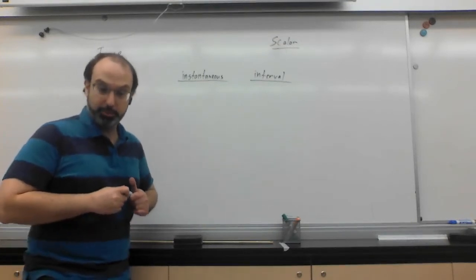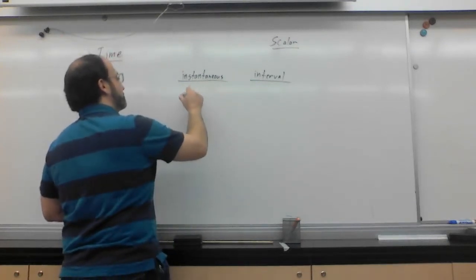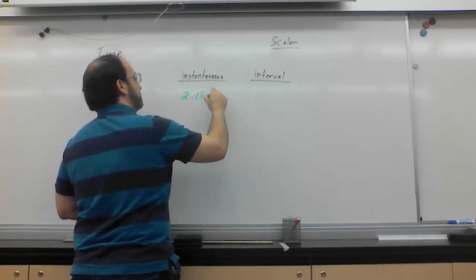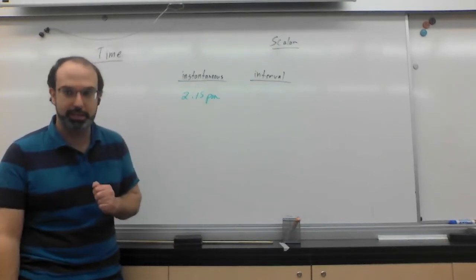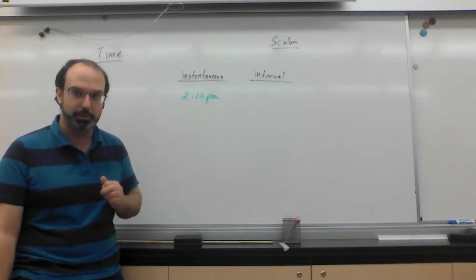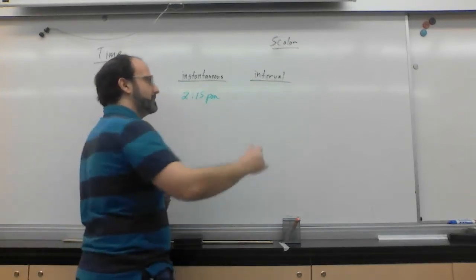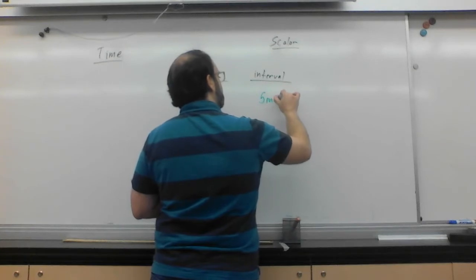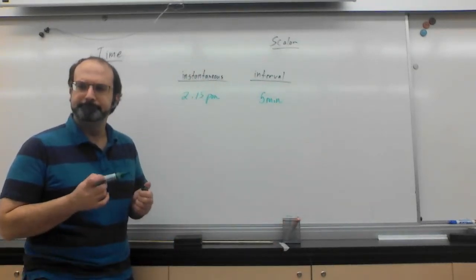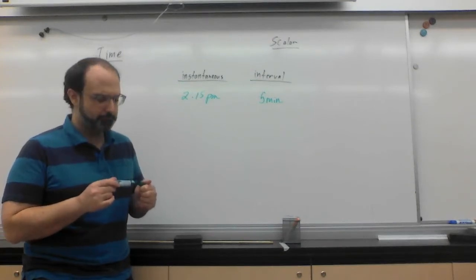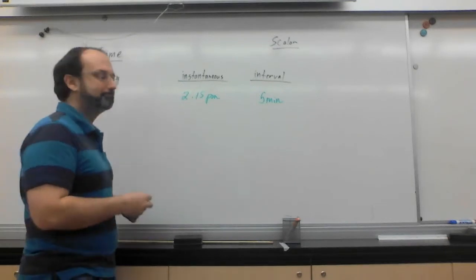Instantaneous, the example here was 2:15 p.m. A wonderful time because we're almost at the end of the day, or at least a normal day. Then we've got interval, and the interval example is stuff like 5 minutes. What does that mean? Well, we'll see. We've got some examples we'll work through.